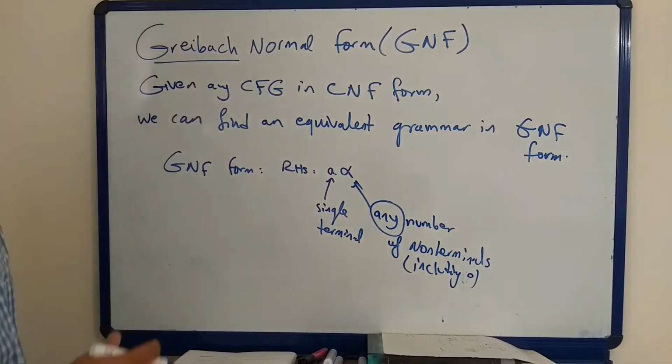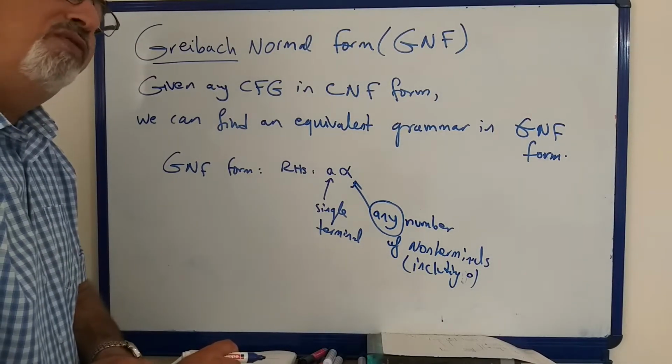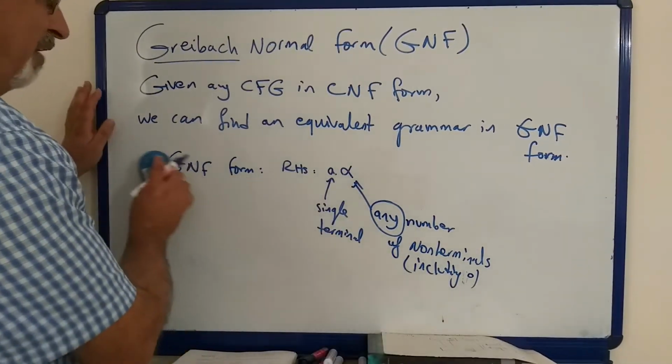So if I give you a context-free grammar and say convert it to GNF, first you have to convert it to CNF. Then we will convert it to GNF.